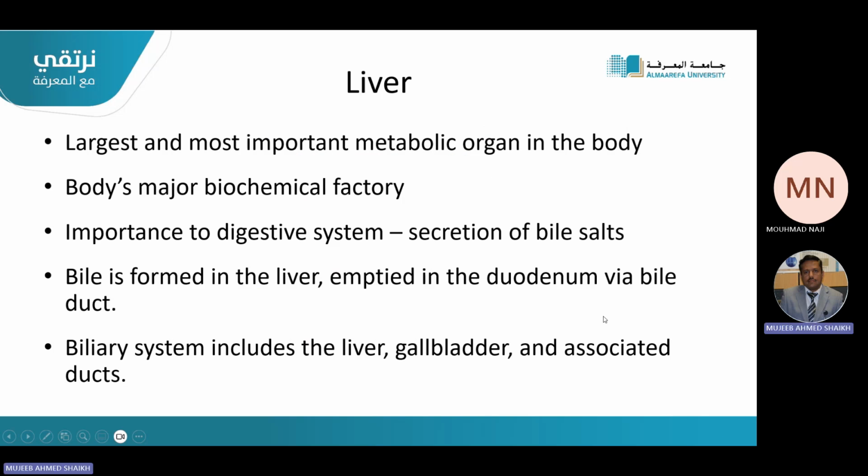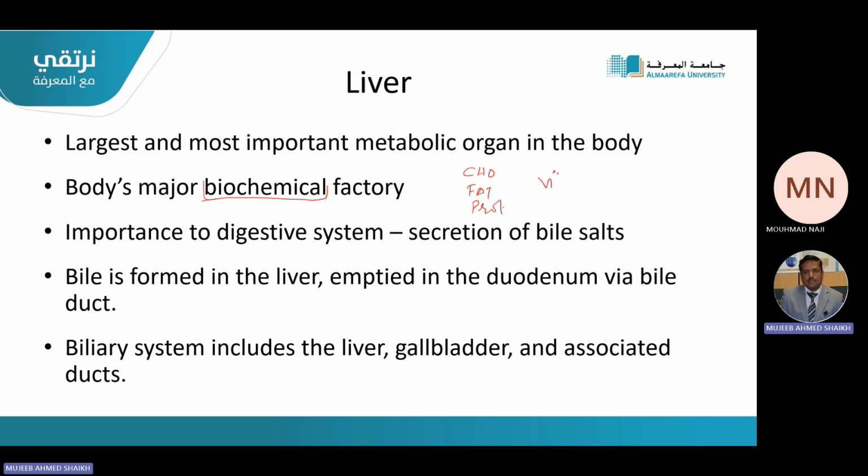So as you know, the liver is the most important metabolic factory of our body. It is called the biochemical factory. All the metabolism is going on in the liver. Which metabolism? Metabolism of carbohydrate, metabolism of fat, metabolism of protein. All three major food components are metabolized.